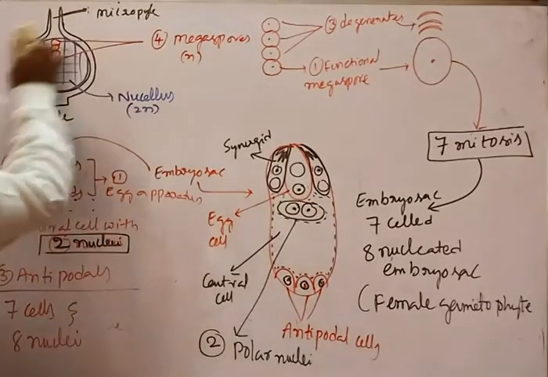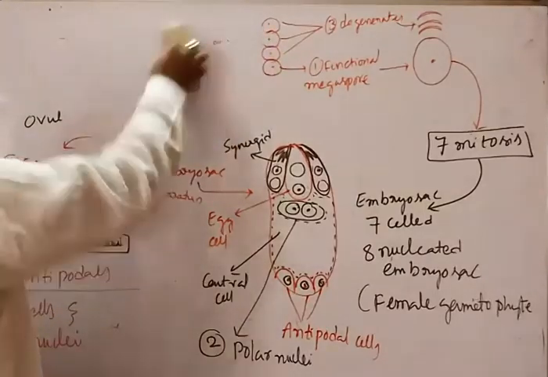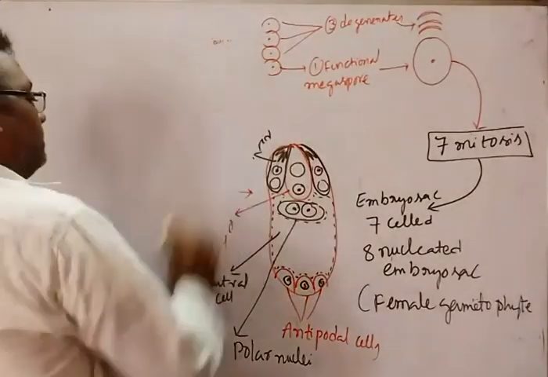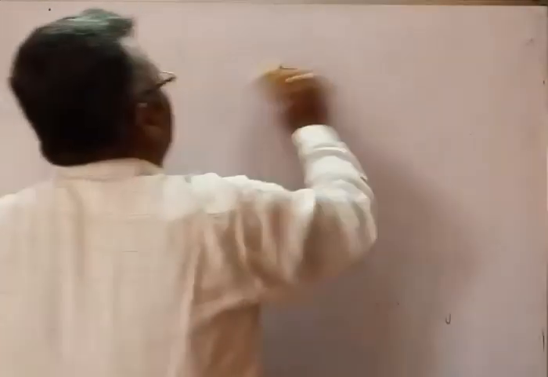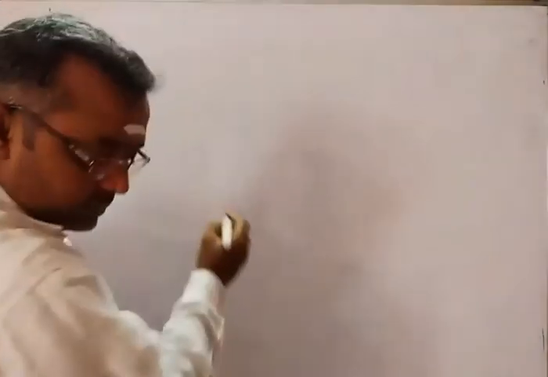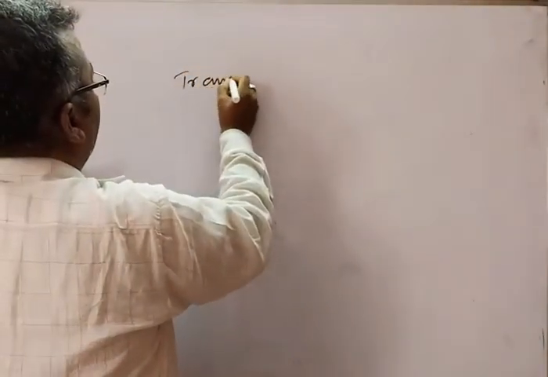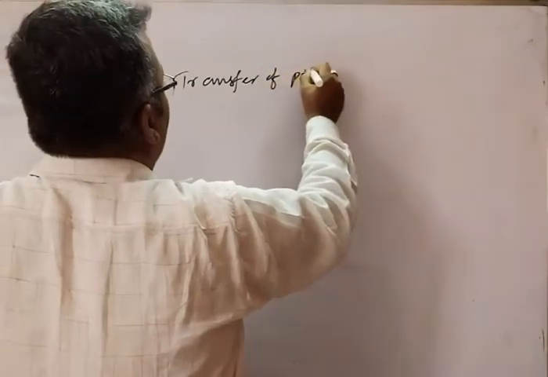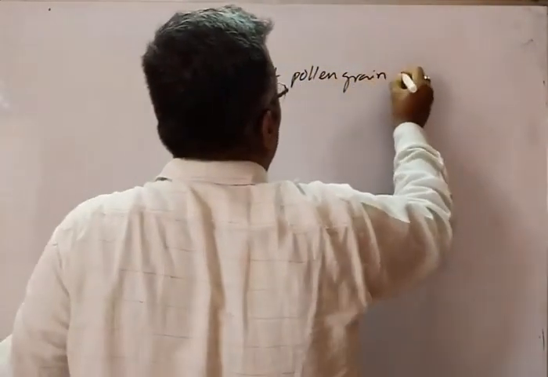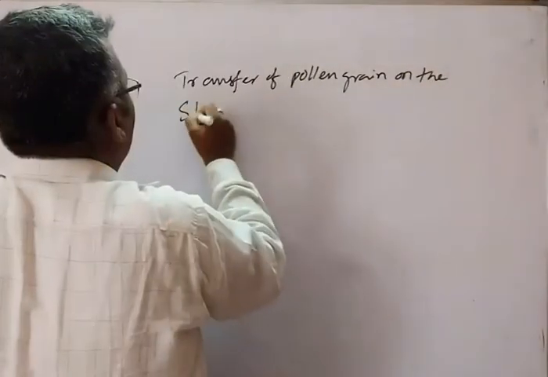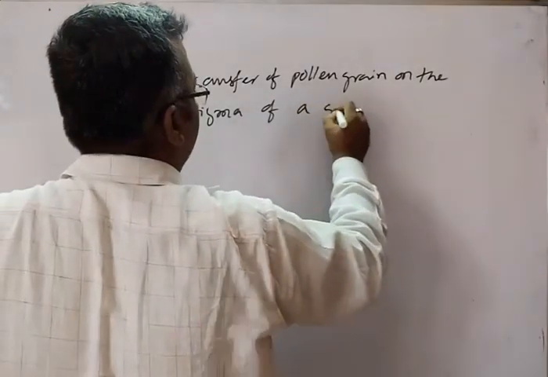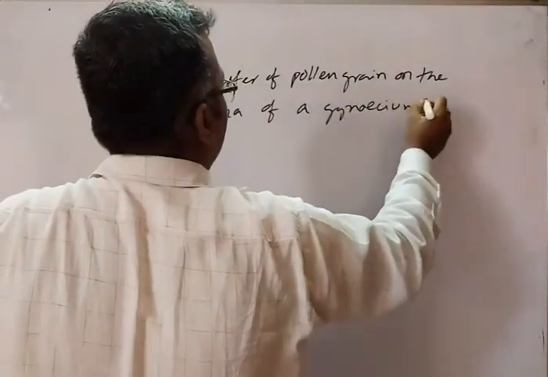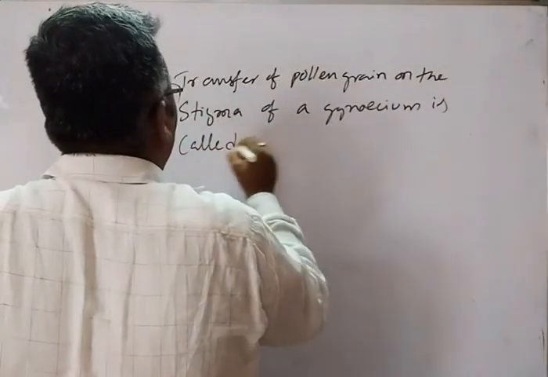Okay. Now let us see what happens during pollination. Pollination means transfer of pollen grain onto the stigma of a gynoecium is called pollination.